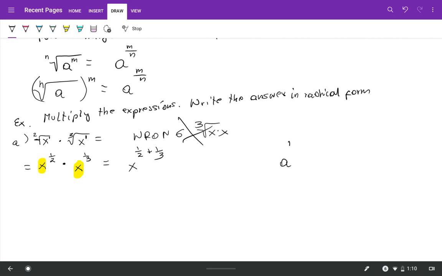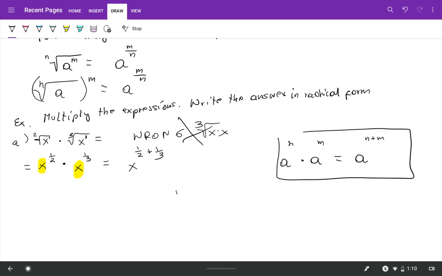And now using the properties of exponents, since the bases are the same, you copy the base and you add the exponents. So this is 1/2 plus 1/3. So again, we're using the exponential rule for a product of the same base: you can rewrite that as the same base, adding the exponents.